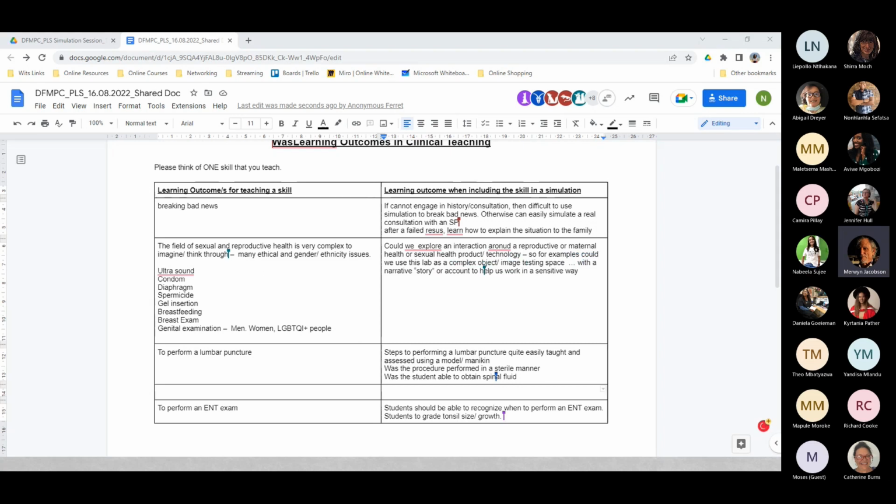How do we simulate the response of the patient or the family to dealing with that bad news? And how do we teach our students to cope with their own reactions, A, to the problem, and B, to the response of the recipient of these bad tidings?